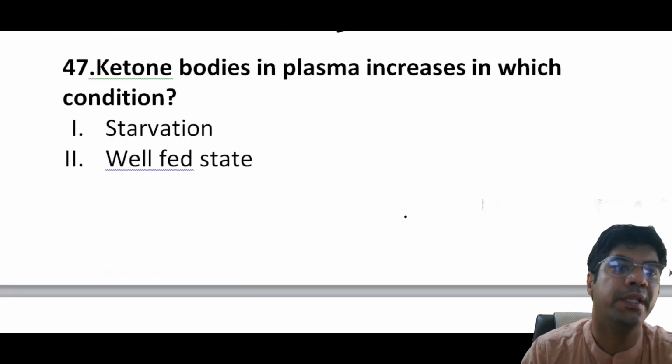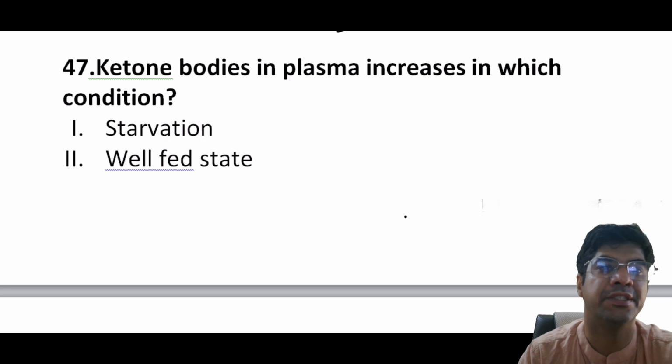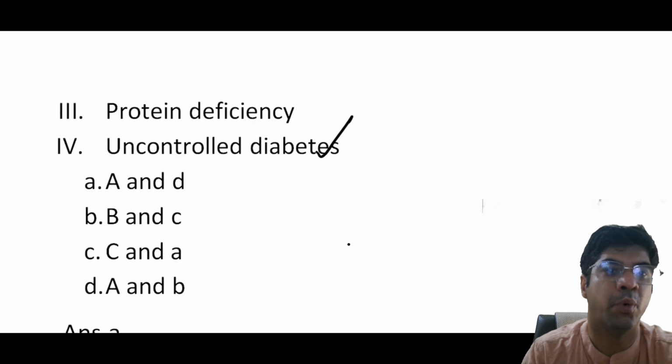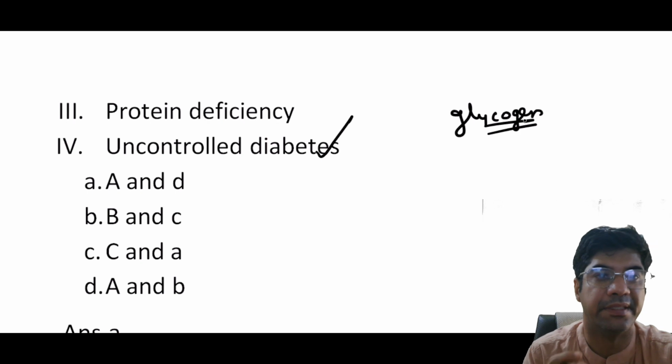The ketone bodies in the plasma increase in conditions of starvation and in case of uncontrolled diabetes. So during starvation, what you will see is the body depletes its glycogen stores and starts to break down fatty acids.